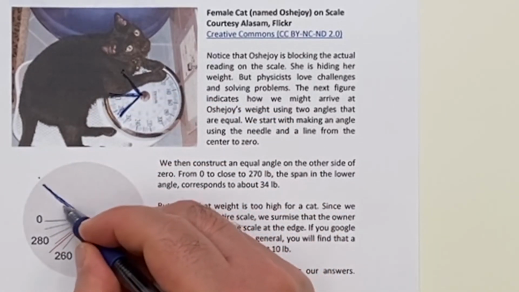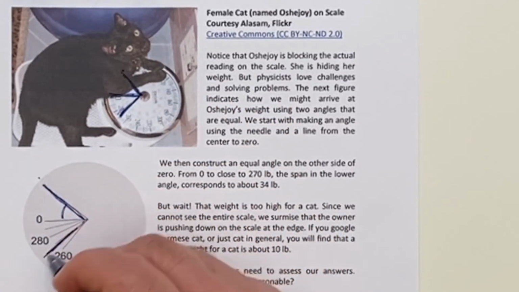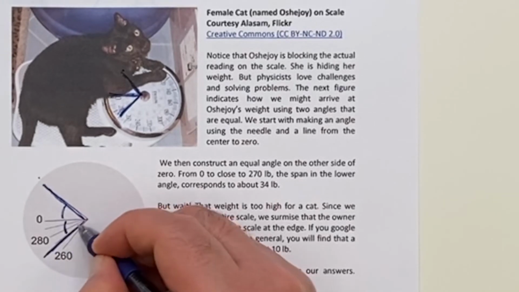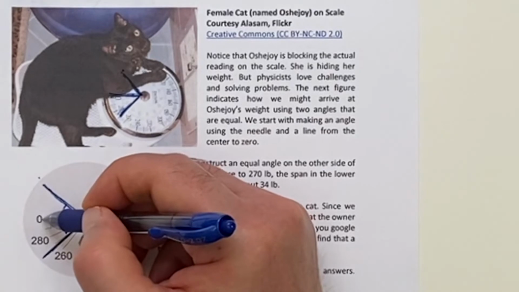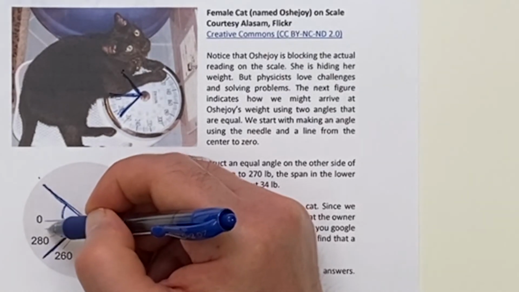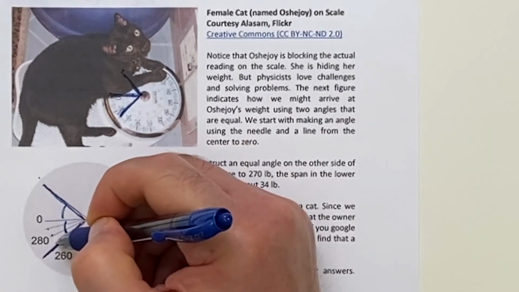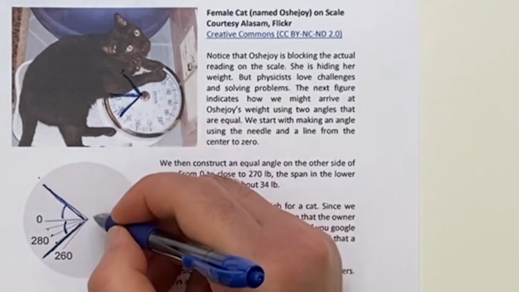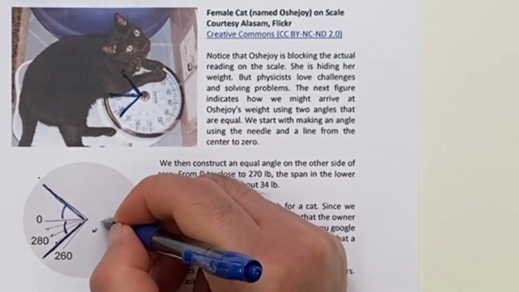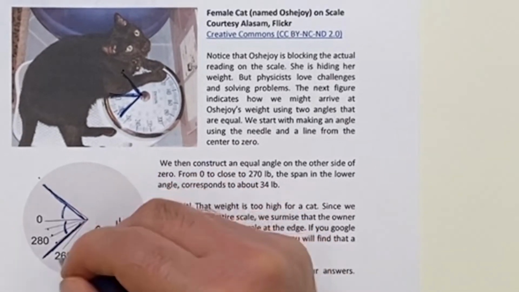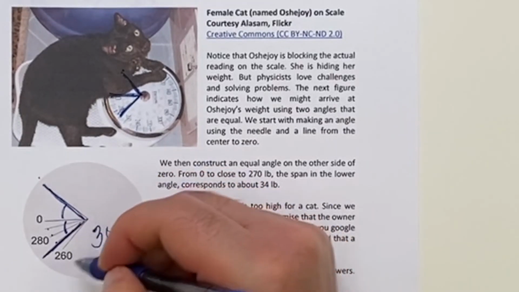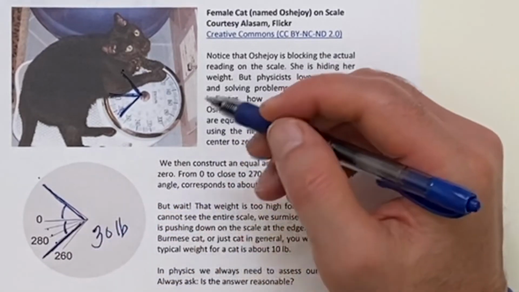But by making this angle the same on either side, where there are numbers, you can then look at this and say, well, this is click, click, click, that's 30 pounds and a little more. So this would be roughly 30 pounds. And if you look a little more carefully in the book, it's more like 34.